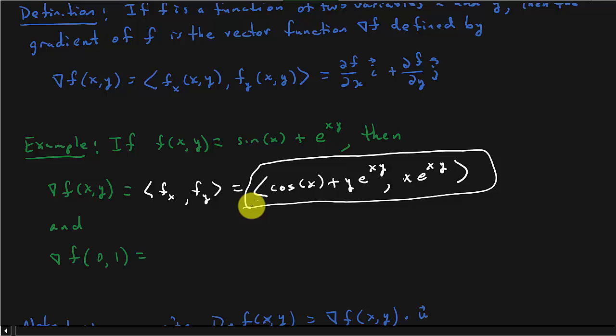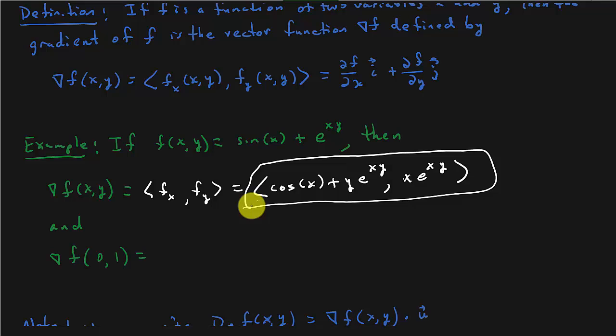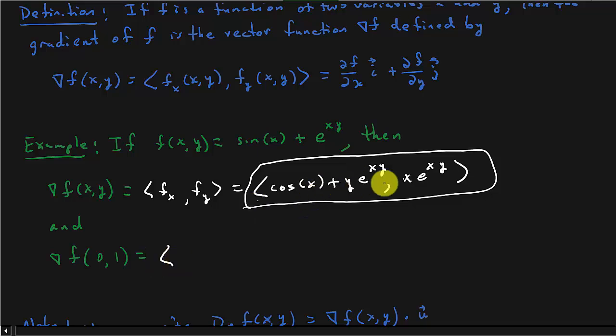And then they want us to find the gradient of f at (0, 1). So we just plug the 0 and 1 in. That would be cosine 0 plus 1 times e to the 0 times 1, and then 0 times e to the 0 times 1, which would be 0.